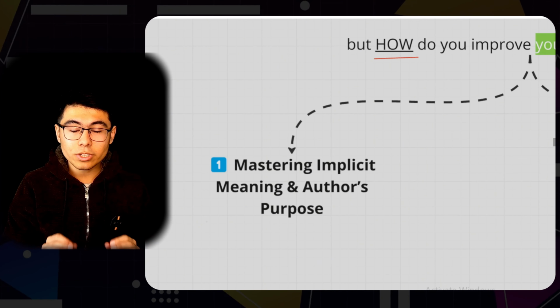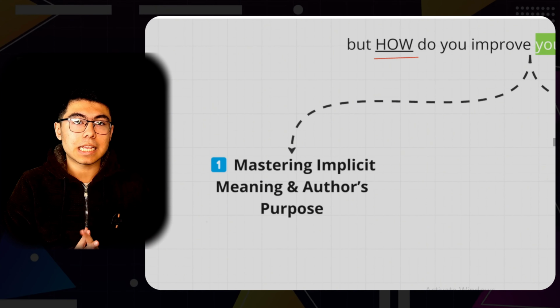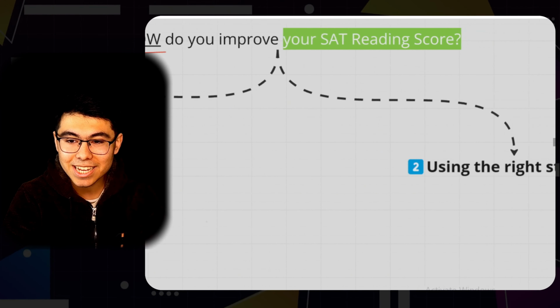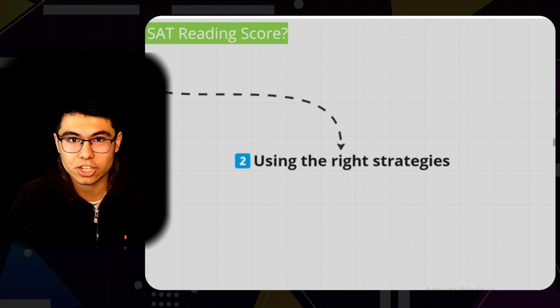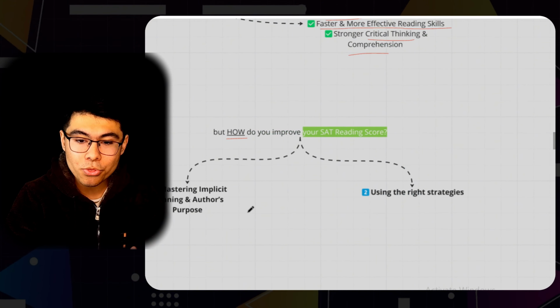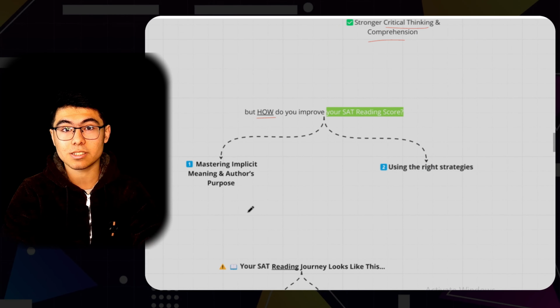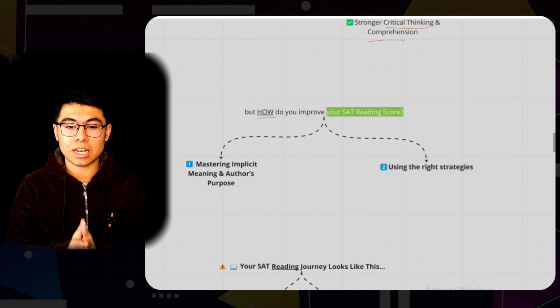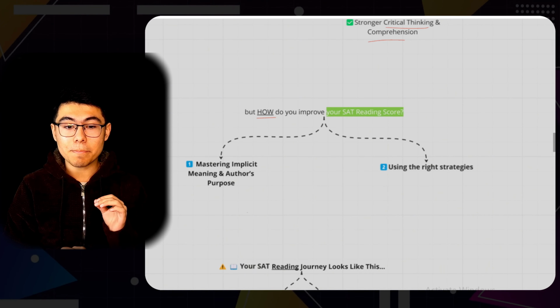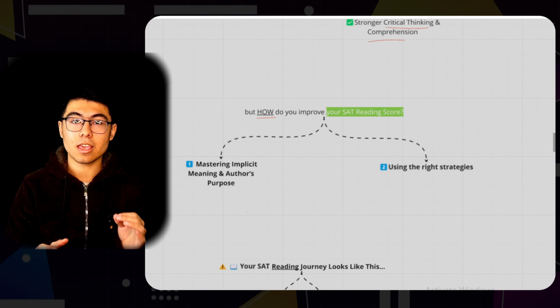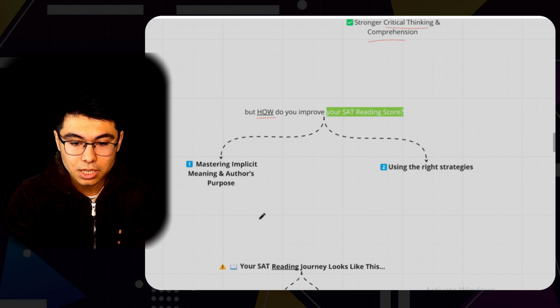This is a really powerful skill that you need to have in order to crush the SAT reading section. And the next step, you need the right strategies. In this video, we will cover both of these, and I've prepared SAT questions that I've created, and I will show you so many strategies that you will need. And I will also tell you how to master implicit meaning and how to identify the purpose of the author.